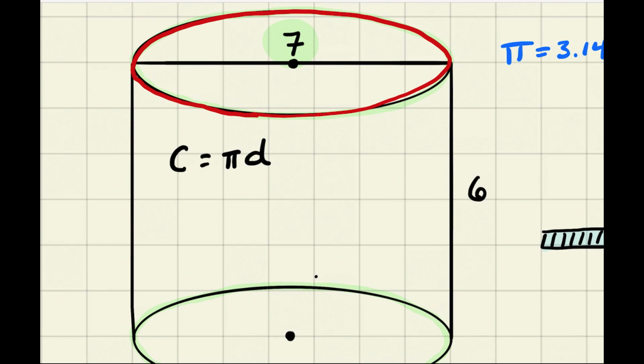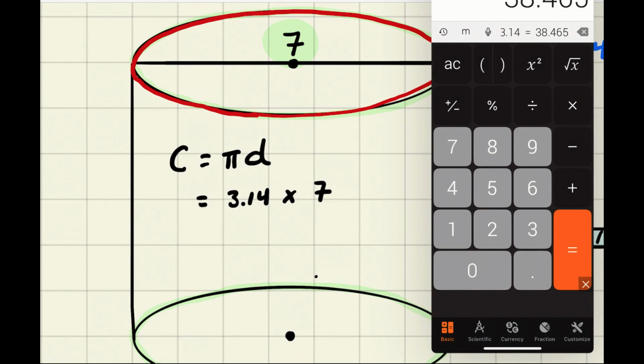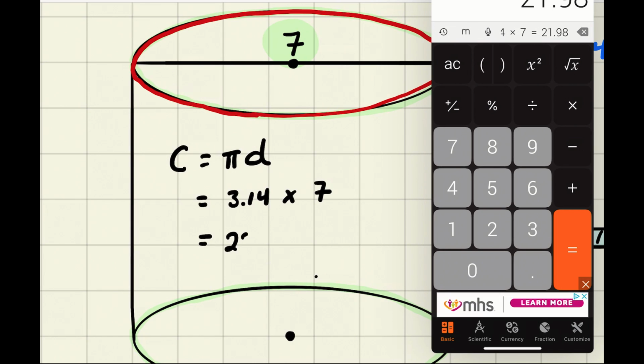So we're going to proceed with this. Circumference equals 3.14 times 7. So bring our calculator back over. 3.14 times 7 gives us 21.98. We're going to round that to 22.